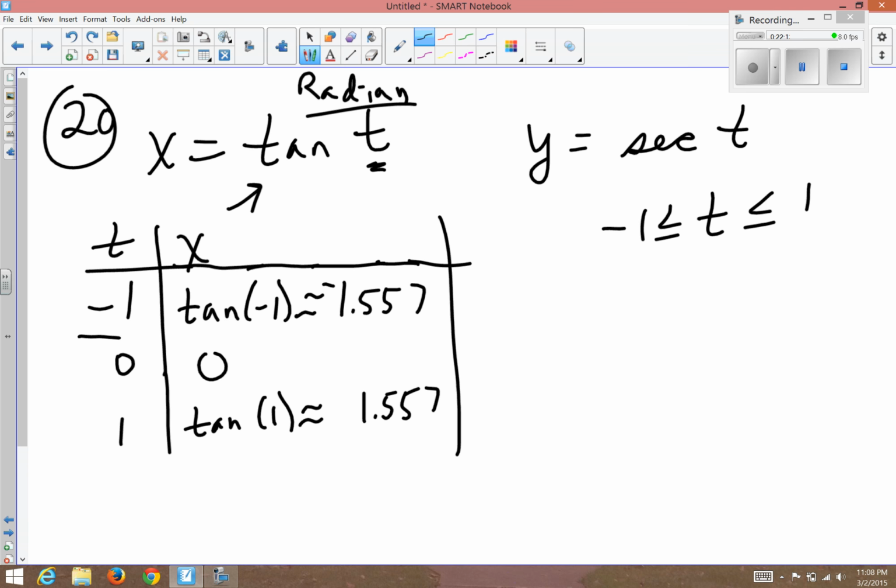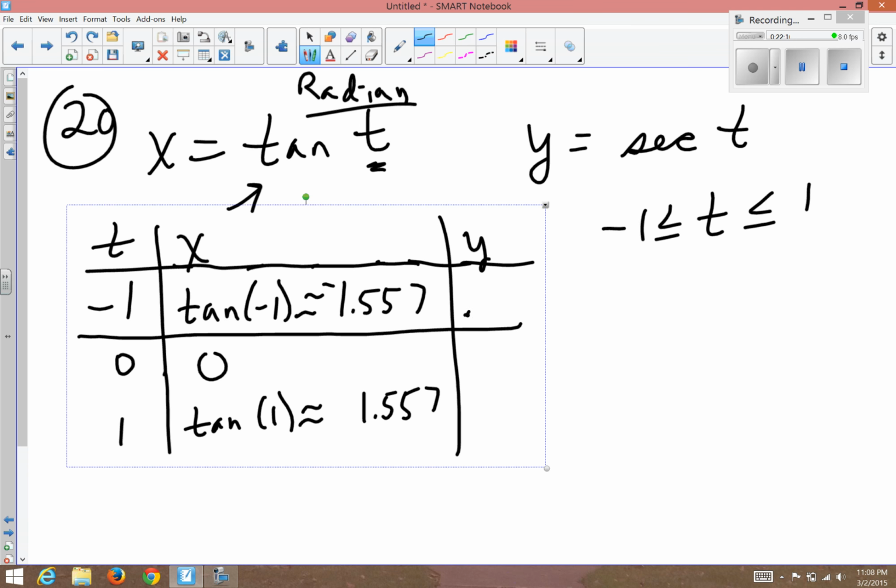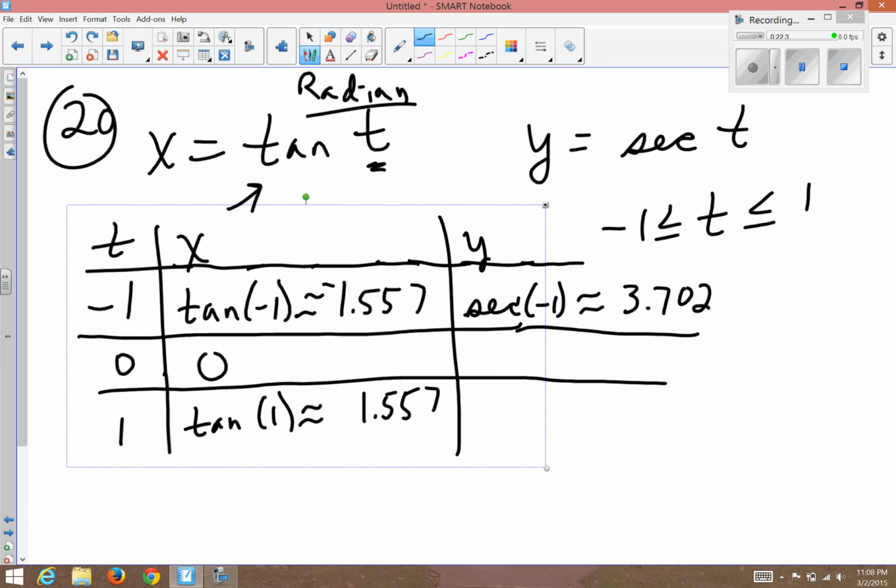When t is negative 1, y is 2 times the secant of negative 1. Find on a calculator by pressing 2 over cosine negative 1. You get about 3.702. And this is positive 3.702. When t is 0, y is this.